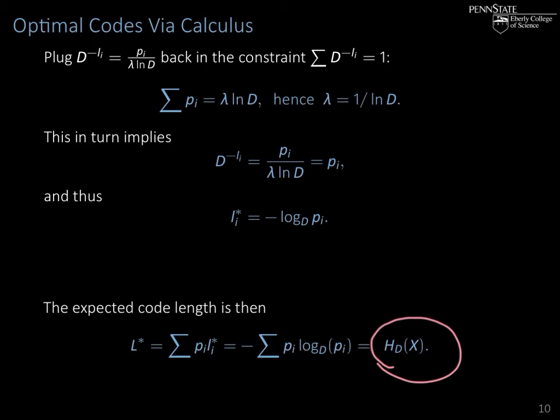But as usual in calculus, it's only a necessary condition for a minimum to occur. So strictly speaking, we now have to verify that these Li stars actually do constitute a global minimum for L star.